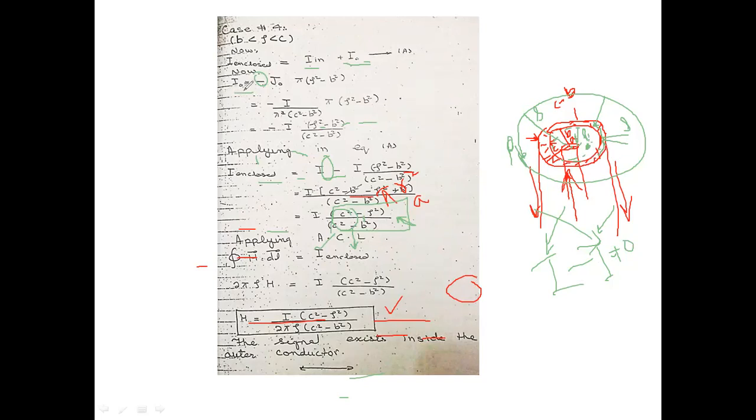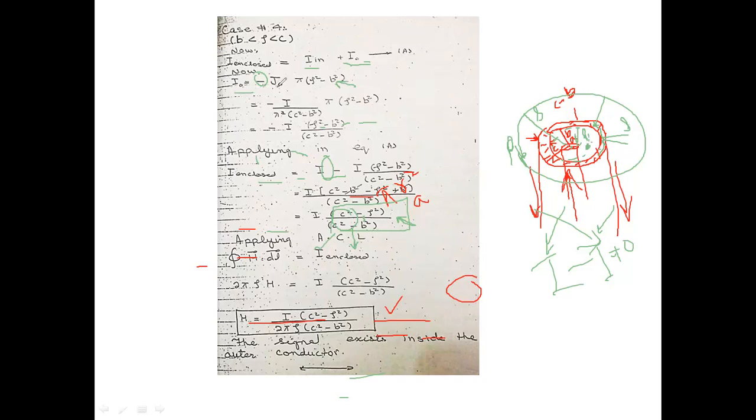That is the current for the outer conductor. I naught is equal to minus J naught pi times rho square minus B square. B is involved because C is greater than rho. So C will not be counted in this case, only B will be counted.